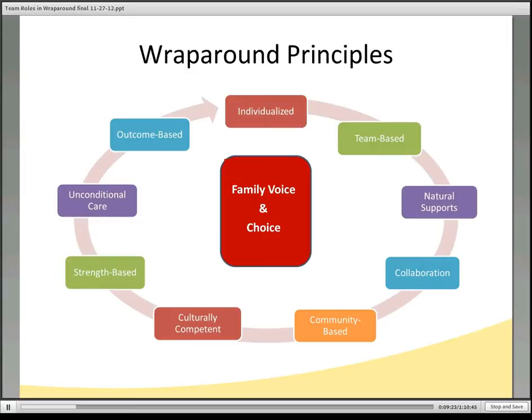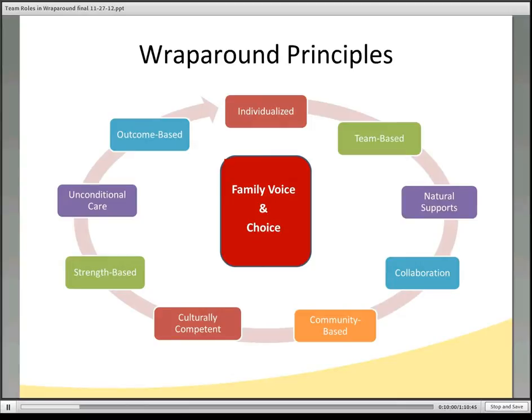And the final wraparound principle is outcome-based, and we really want to be purposeful in tracking: are things getting better? It's different than traditional kinds of treatment goals, but we're really checking to see, is the family any closer to need met? Have behaviors changed? Are things getting better? And these should be things that happen inside the team process, with the team monitoring what they're doing and how things are going.